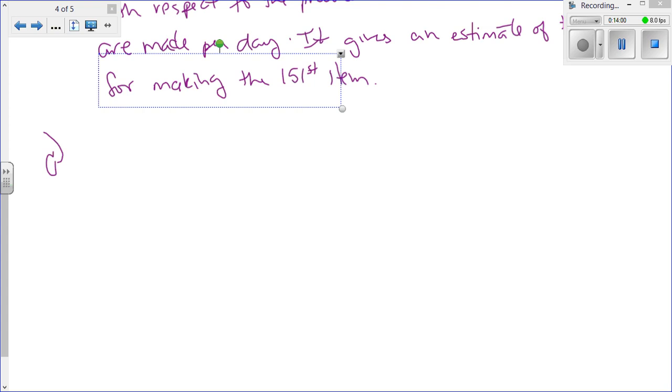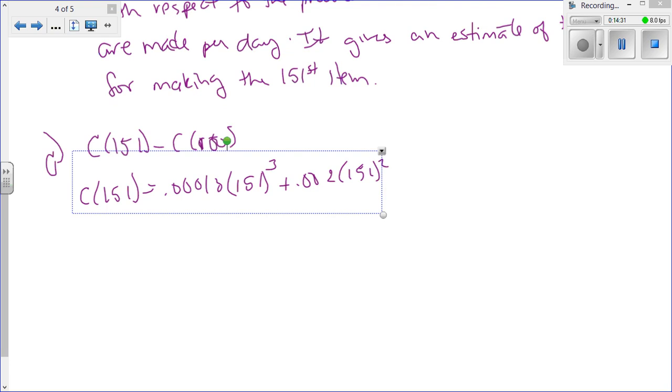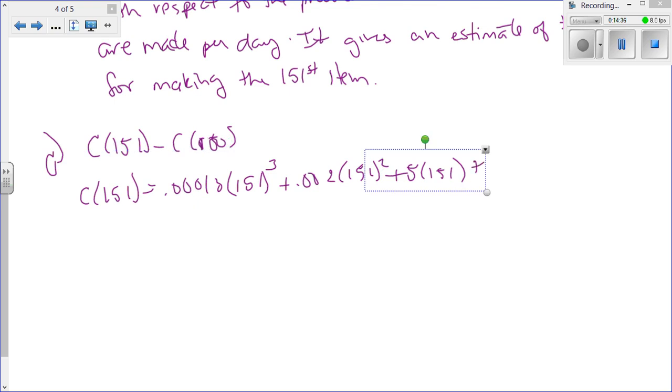Now, notice that is back to the original problem. So C(151) is going to be 0.00013 times 151 cubed plus 0.002 times 151 squared plus 5 times 151 plus 2,200.